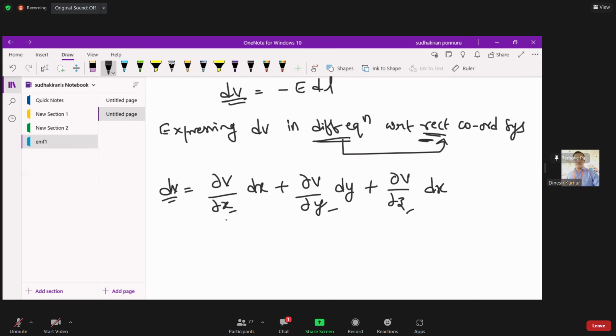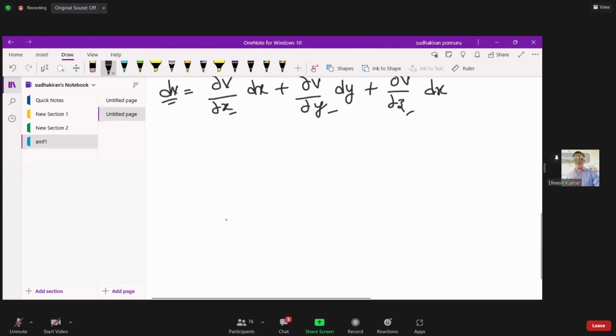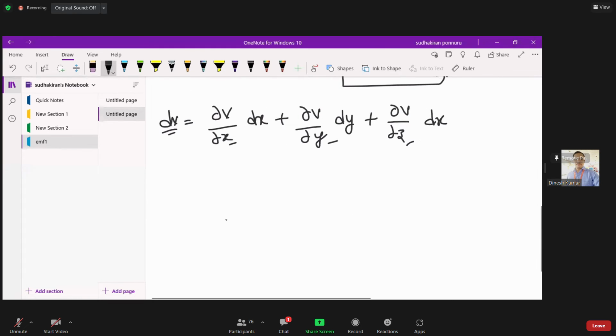You know how to write it, as we have already seen in your engineering maths subject, so we are not going to explain all those things here. This is how to express any differentiable variable in terms of differentials in the rectangular coordinate system.